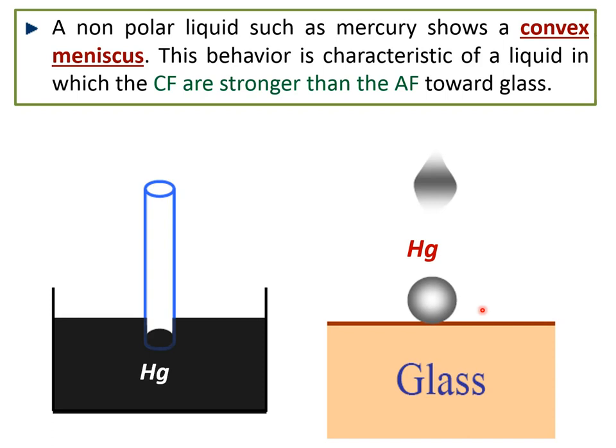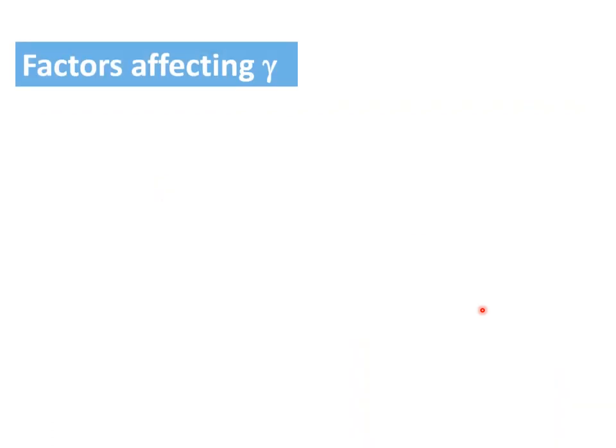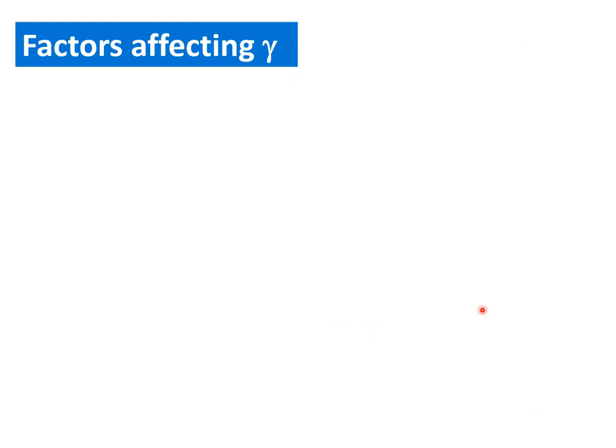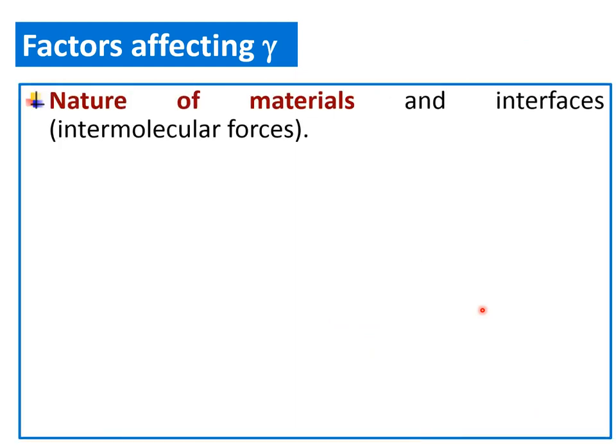And this is the reason also for the meniscus of mercury in the glass tube. Factors affecting the surface tension are actually based on the nature of the materials and the types of intermolecular forces.